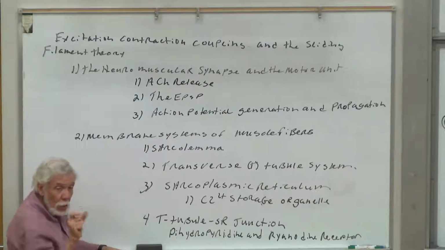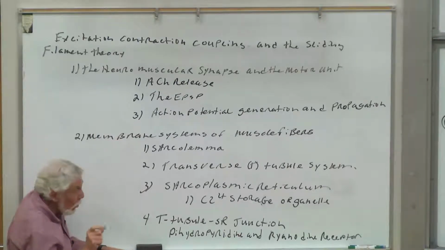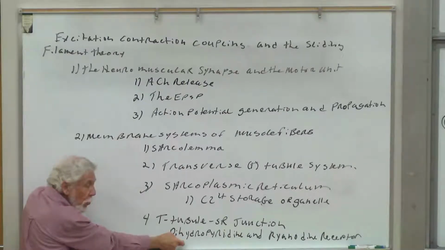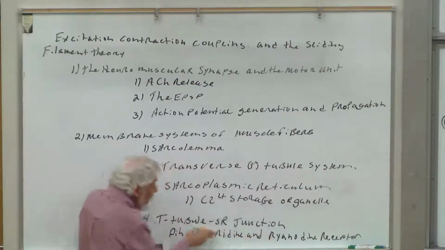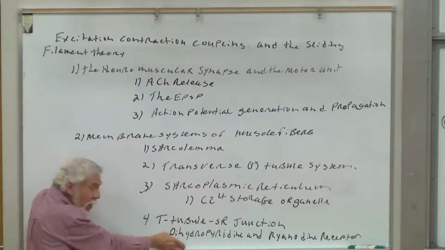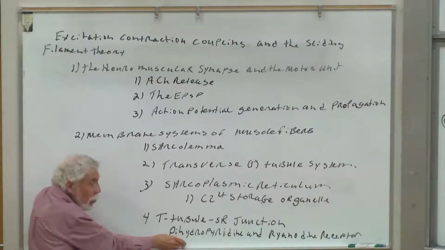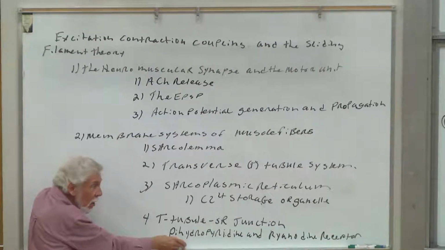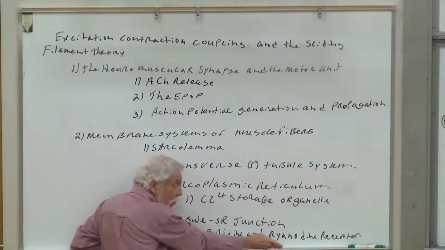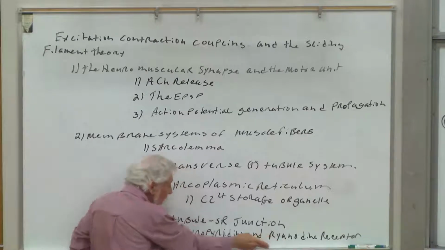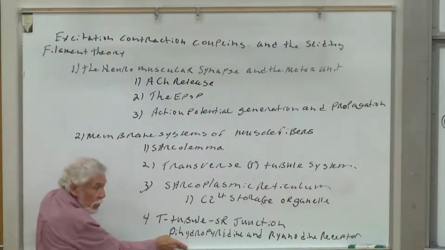This gap is going to be bridged by two very important proteins, one called a dihydropyridine receptor and the other called a ryanodine receptor. And these are peculiar because the dihydropyridine receptor is actually going to form a block, a plug, that fills the ryanodine receptor channel. The ryanodine receptor channel is in the sarcoplasmic reticulum, whereas the dihydropyridine receptor is found in the T-tubule membrane.